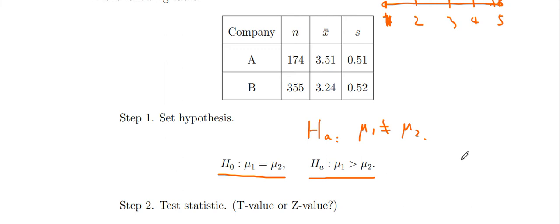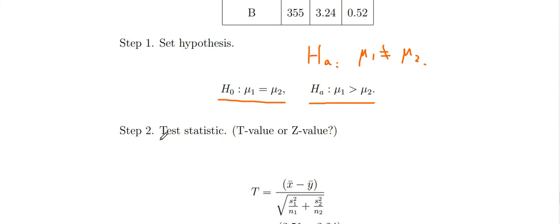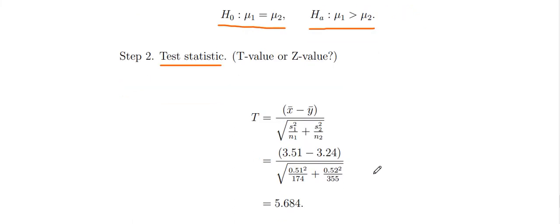Okay, so now we want to calculate the test statistic. We use the formula x bar minus y bar over the square root of s1 squared over n1 plus s2 squared over n2. Just plug in here, right?